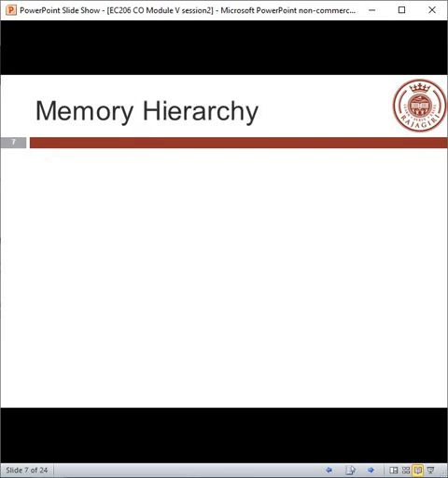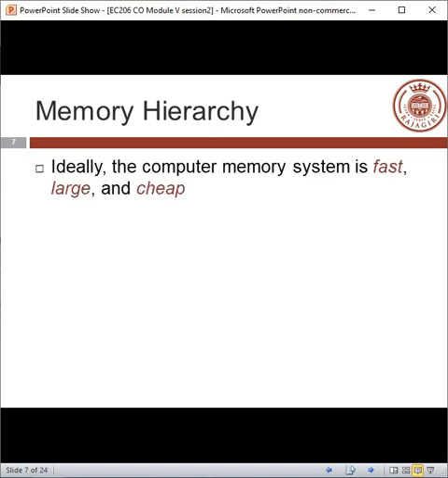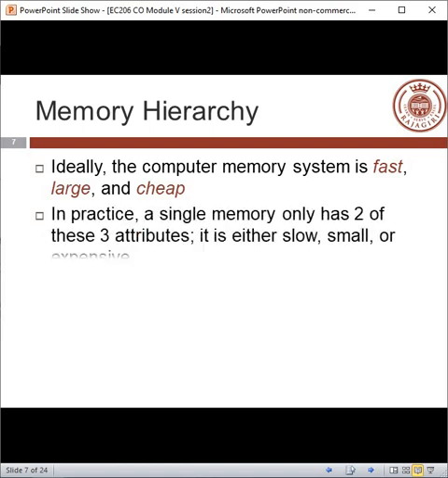When we are talking about memory hierarchy, ideally, a computer memory system should be fast, large, and cheap. But in practice, a single memory only has 2 of these 3 attributes. That is, it is either slow, small, or expensive.